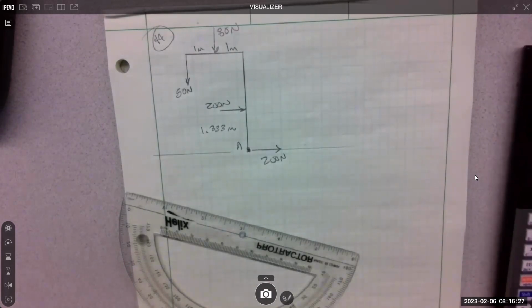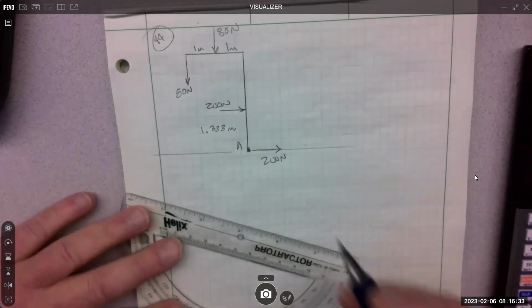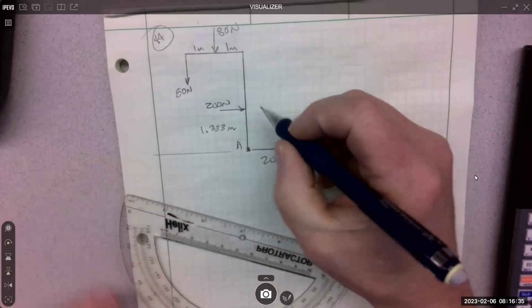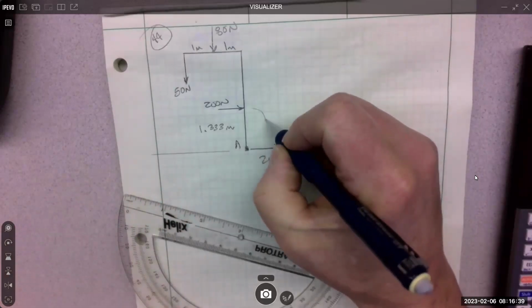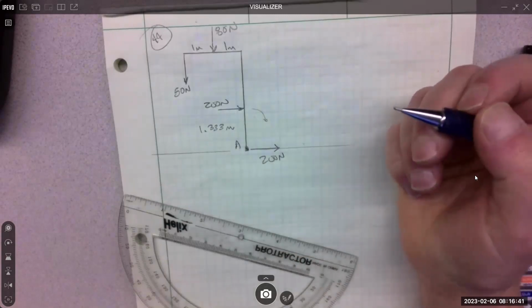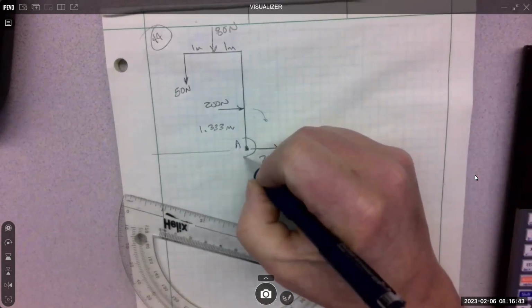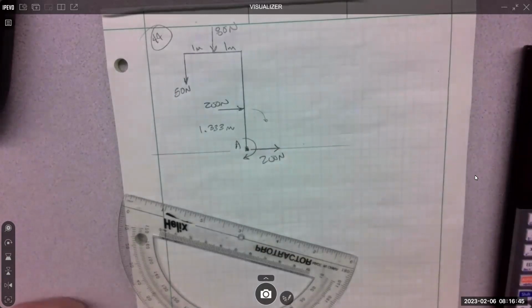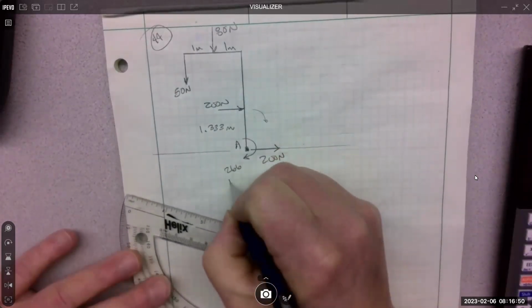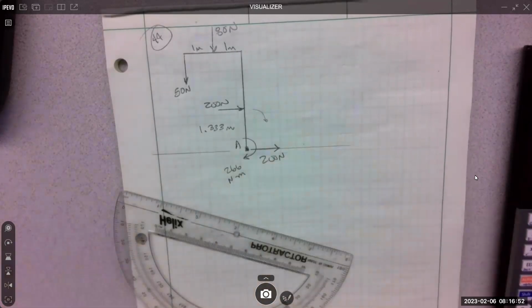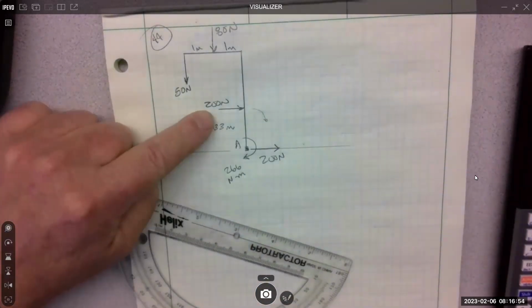Yep, 200 times 1.33, right? 266. And its rotation is, yeah, it's going that way, clockwise. So 266 Newton meter. So the 200's moved.